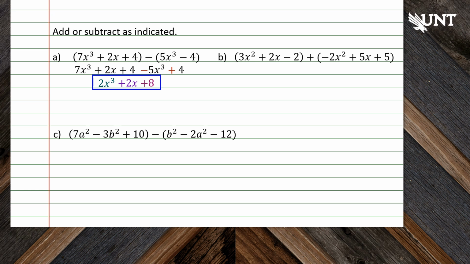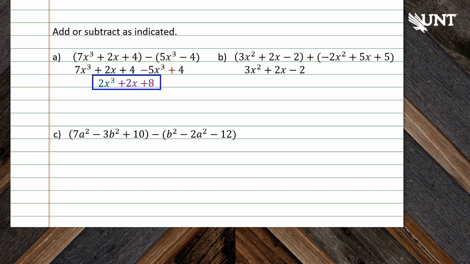In this case, because we have parentheses, we must check immediately in front to see if anything needs to be distributed. In the first leading trinomial of 3x squared plus 2x minus 2, we notice there is nothing immediately in front, so the parentheses are not necessary. Looking at the second trinomial of negative 2x squared plus 5x plus 5, immediately out front we have a plus sign.